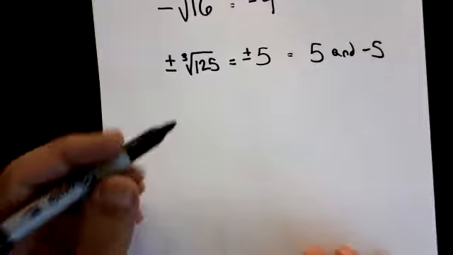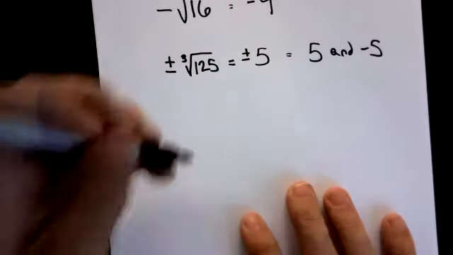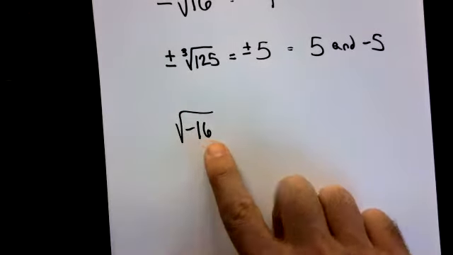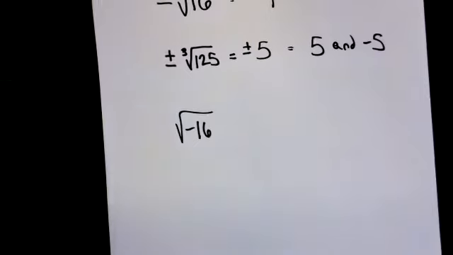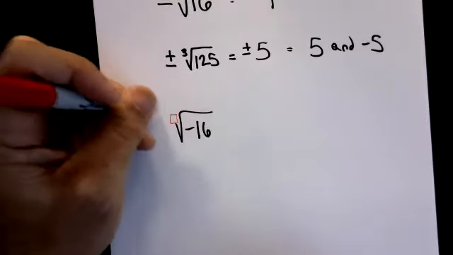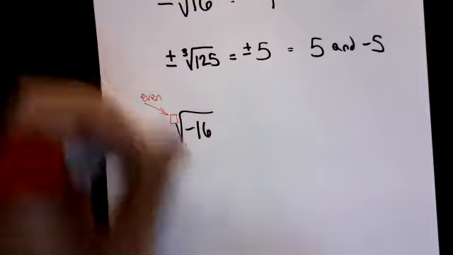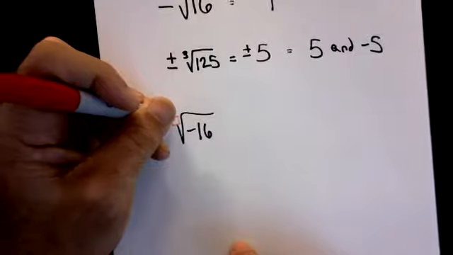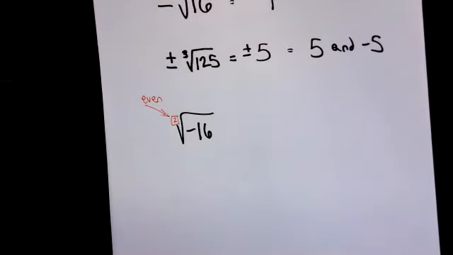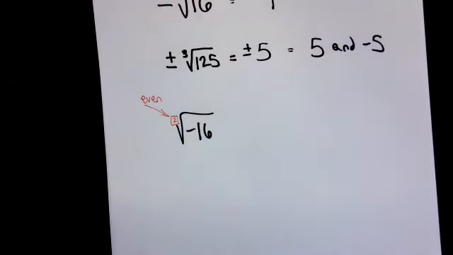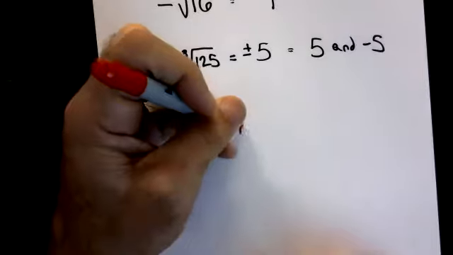Now, the issue we run into is when the negative is inside of the radical. For example, if they said the square root of negative 16. Here we run into problems. If the index is even, so if you don't see a number, remember it's a 2, or if it's a 4 or a 6 or an 8, and the negative is inside, then this is not real.